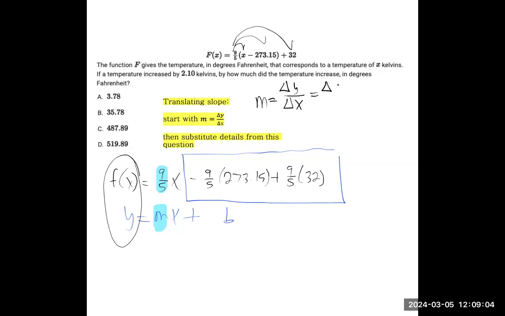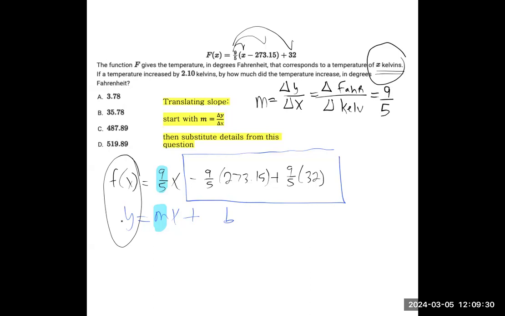So change in y is change in the temperature Fahrenheit, and the change in x is the change in the temperature Kelvin, because they're telling us that x is the Kelvin. So change in y over change in x is the change in Fahrenheit over change in Kelvin. And that is 9/5, because we were told that the slope is 9/5.